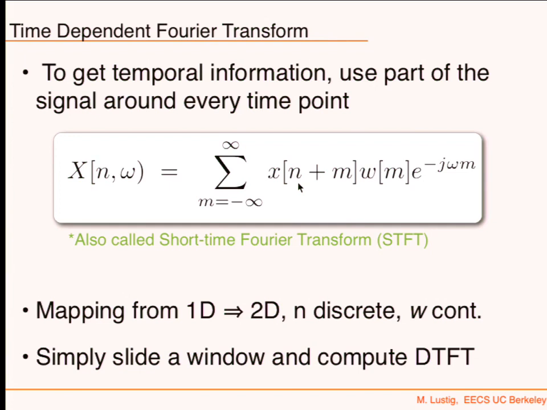It maps this chunk that I crop into omegas. But I'm going to shift that window, so I'm going to have two variables come out. One is omega, which is the frequency. The other is an index where this window is shifted in time.